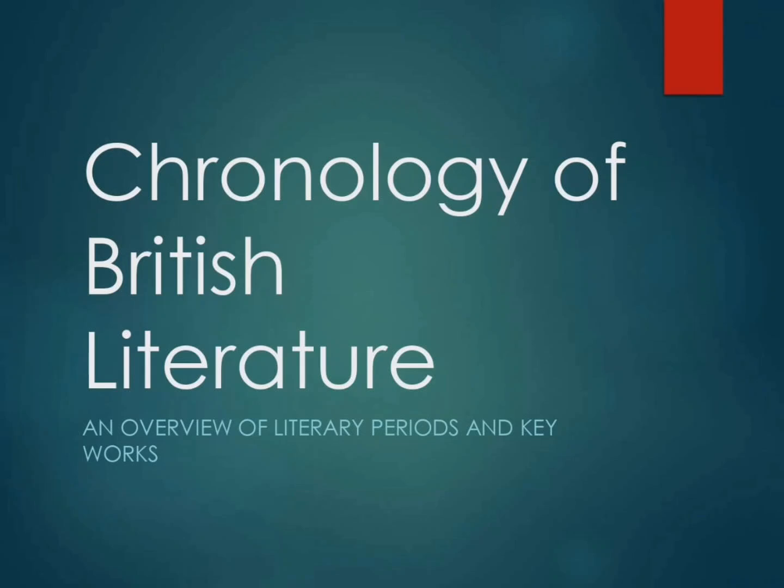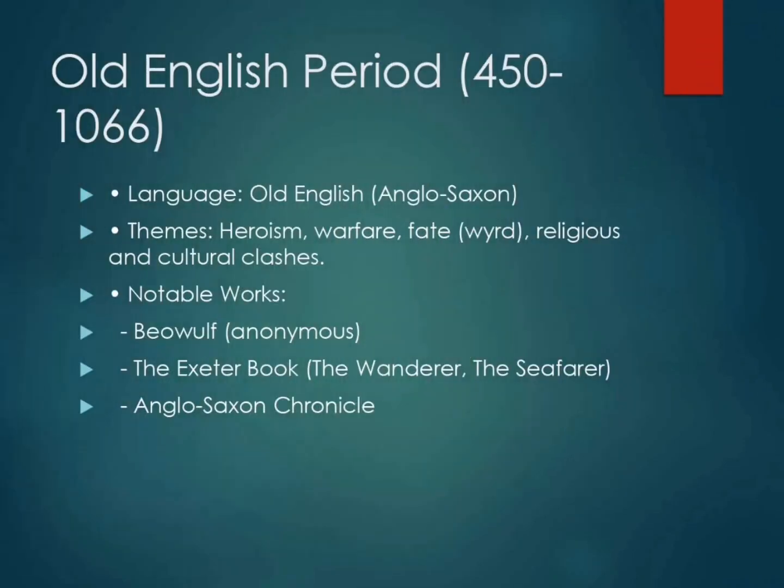So the first period we'll be learning in the chronology of British literature is the Old English period. It started from 450 AD and ended in 1066 AD. The main language used in this period is Old English, which was mainly used by Anglo-Saxons and Anglo-Normans.